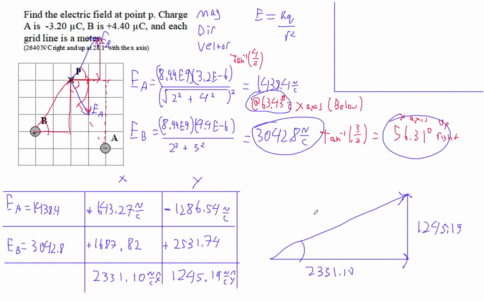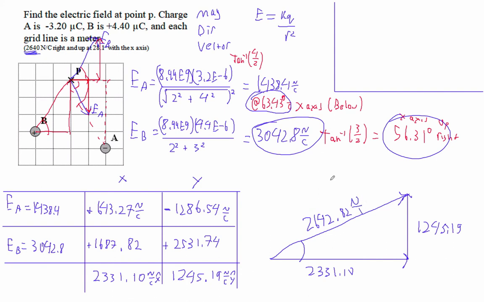So let's do this. Let's go square root of 2331 squared plus the 1245 guy squared. 2642.82. So again, I'm just finding the hypotenuse, right? It's the sum of the squares of the sides. This is like a ridiculous number. We only really have 3 sig figs, right? There it is, right? Okay, newtons per coulomb.